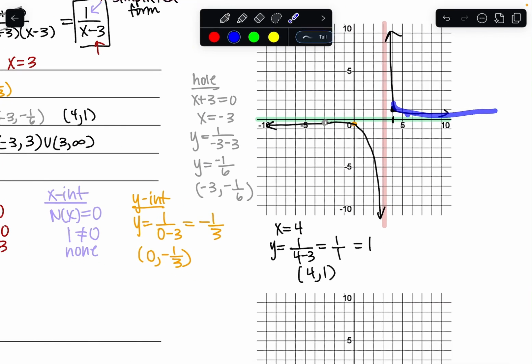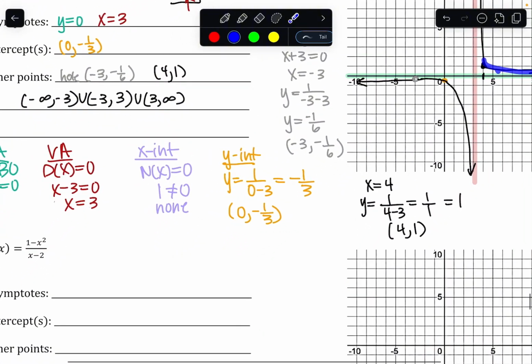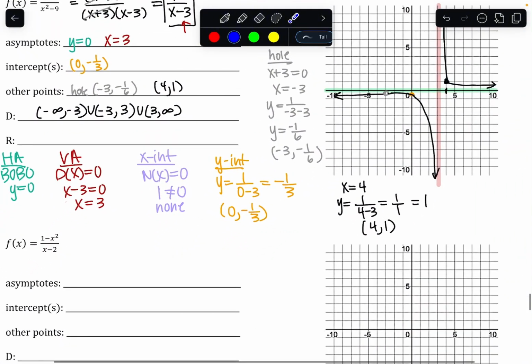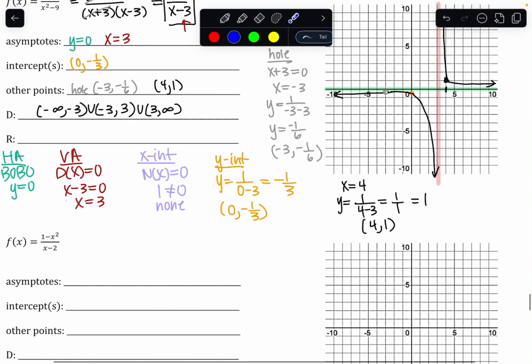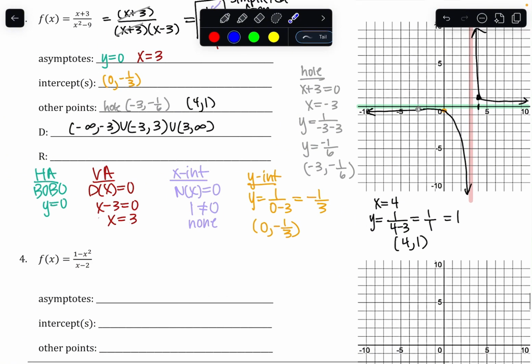That's this part here. Okay, and so we have to do something similar with the range. We have to skip over the y value of the hole, and then we have to skip over the horizontal asymptote. So we're going from -infinity, and the first place we have to skip is the hole. That's the first value that's excluded. And so we found that value to be -1/6.